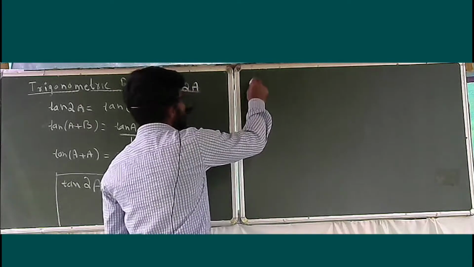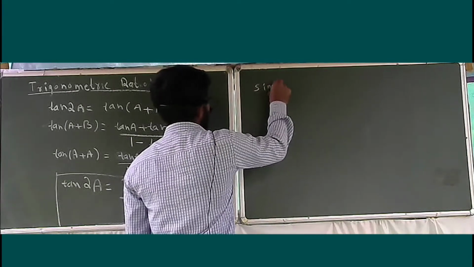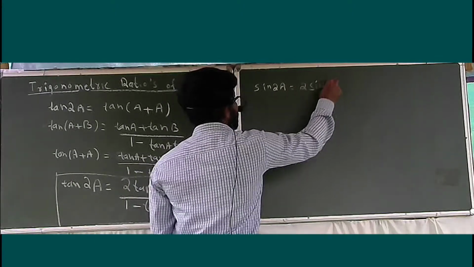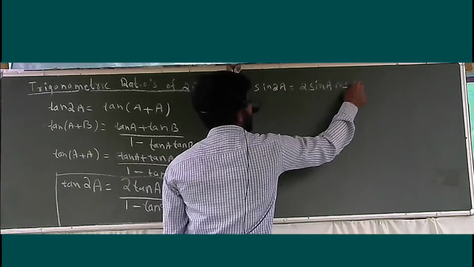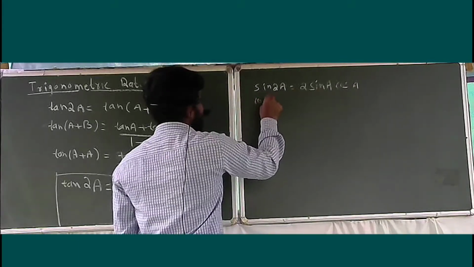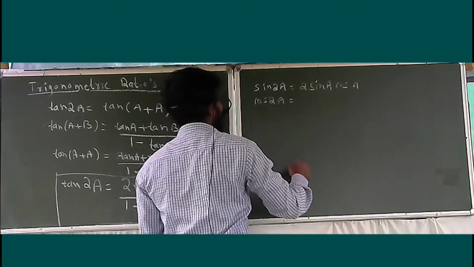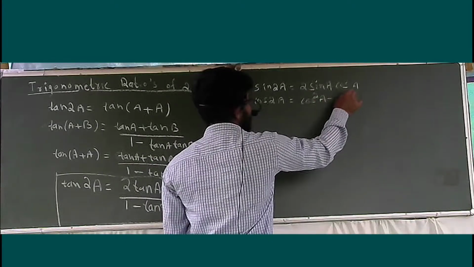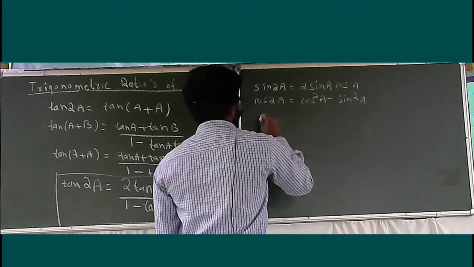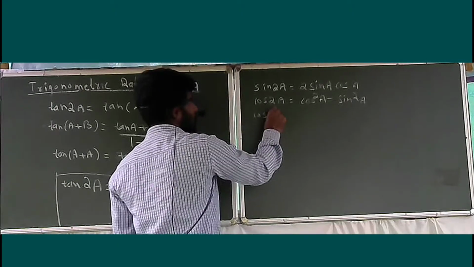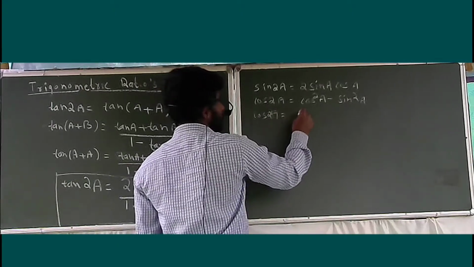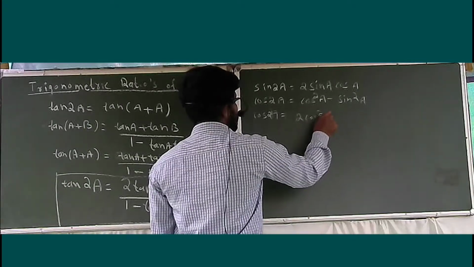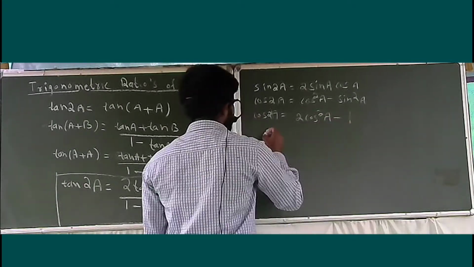Once again see, sin 2A is equal to 2 sin A into cos A. Cos 2A is equal to cos square A minus sin square A. Again one more formula, cos 2A is equal to 2 cos square A minus 1.